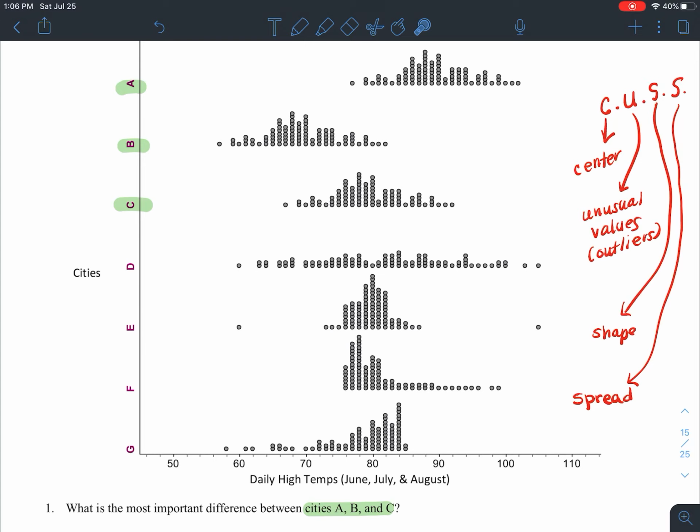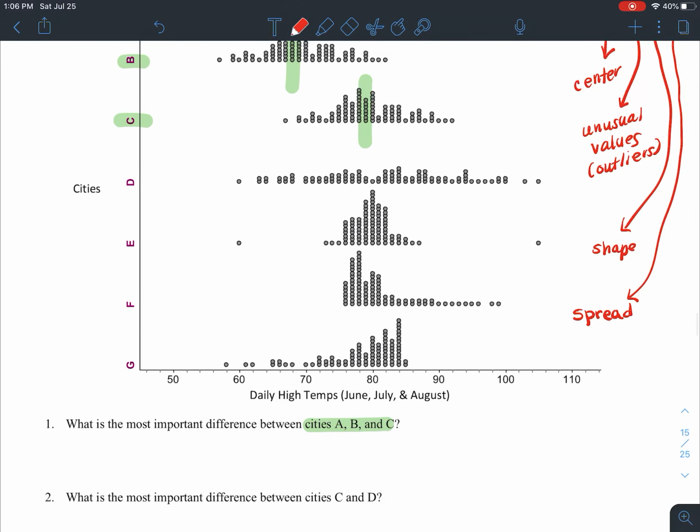So the most important difference between cities A, B, and C, and I'll be honest, these look like they span about the same distance. Okay, I mean, they range differently from a low and a high temperature, but that's really referring to where the center is. Like if I were to pinpoint, okay, where's the center for this? And I'm just roughly, we would say maybe here, here, and here. That looks like that's the biggest difference between these 3 cities.